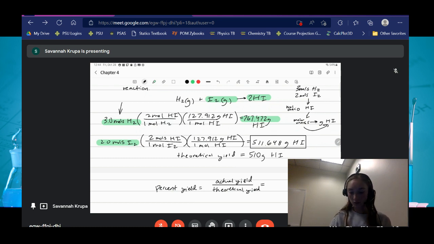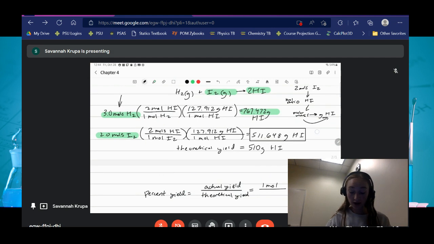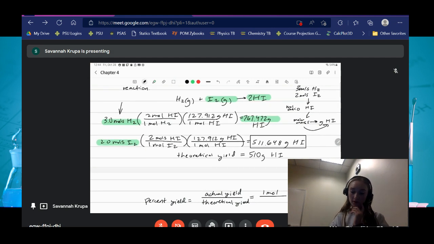And so we have 1 mole that was produced. Actually, let's have it in terms of, just for simplicity's sake, we started with iodine gas, right?